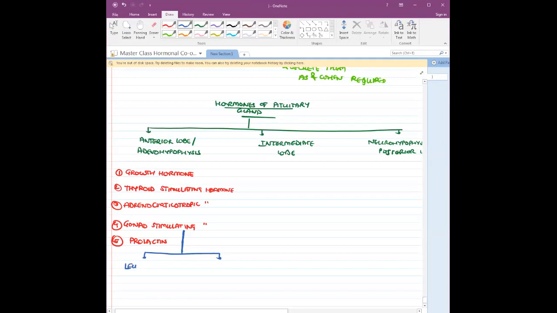We have luteinizing hormone, that is your LH, and the second one is your follicle stimulating hormone, FSH.